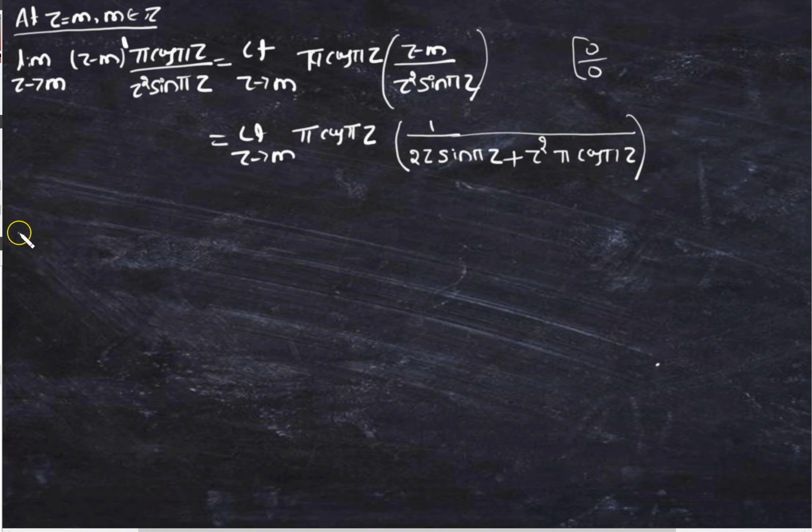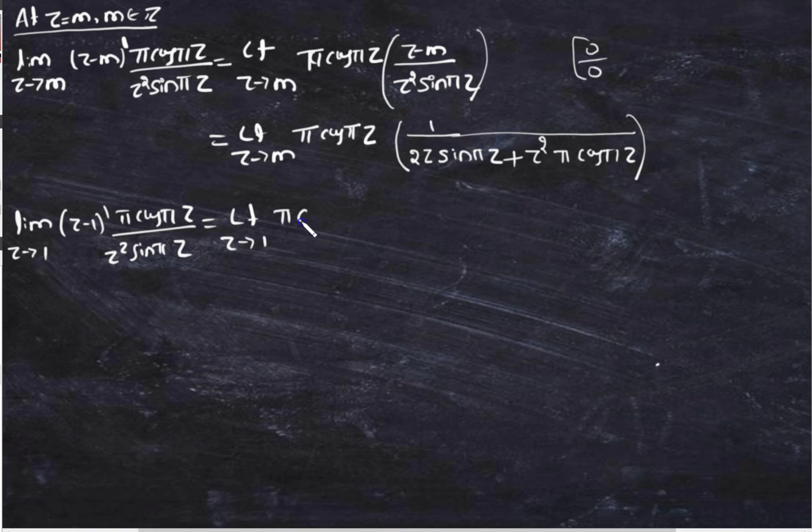Now if z is equal to 1, it is limit z tends to 1 of z minus 1 times pi cos pi z divided by z square sin pi z. This is limit z tends to 1 of pi into cos pi z, and the denominator is 2z sin pi z plus z square pi cos pi z.